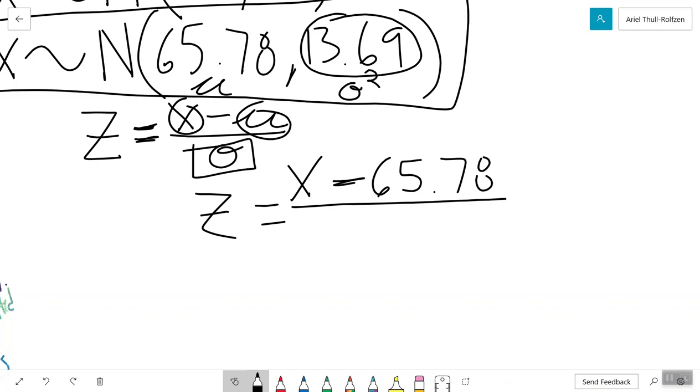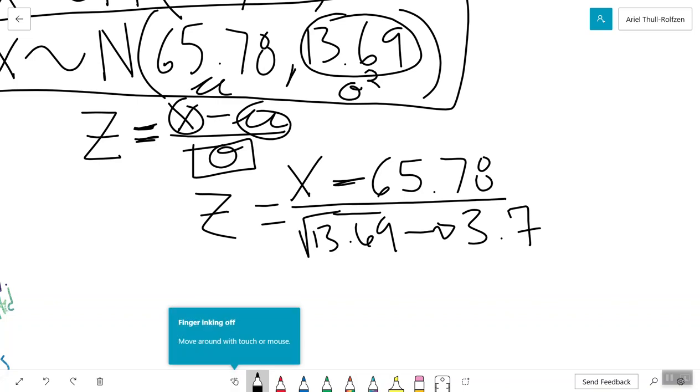I can just take the square root of that. So I can say down here, okay, square root of 13.69, which comes out to be 3.7. Now I have my equation that I'm going to plug my X values into.